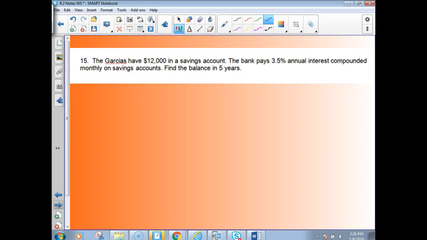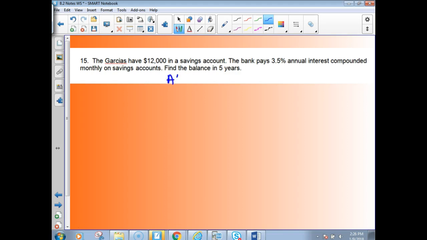Okay, the Garcias have $12,000 in a savings account, and the bank pays 3.5% interest compounded monthly. Find the balance in 5 years. All right, you got one more to calculate, and then we're going to do something. Oh no, actually the different one's going to be 17.